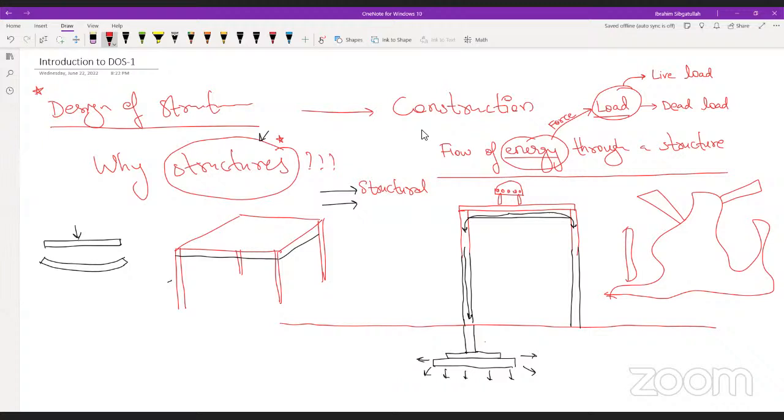So if you have knowledge about structures, you can do two things. Number one, you will be able to make a design which can be practically constructed. Number two, you can advise that structural engineer on how to make his structural designs. I'm not targeting a structural engineer, I'm talking about the professional field.